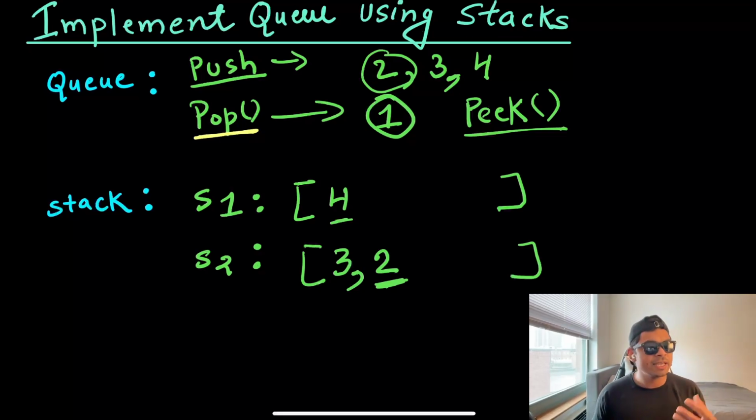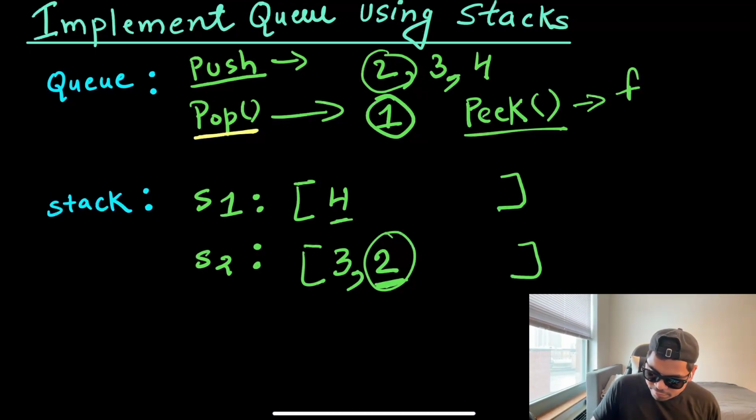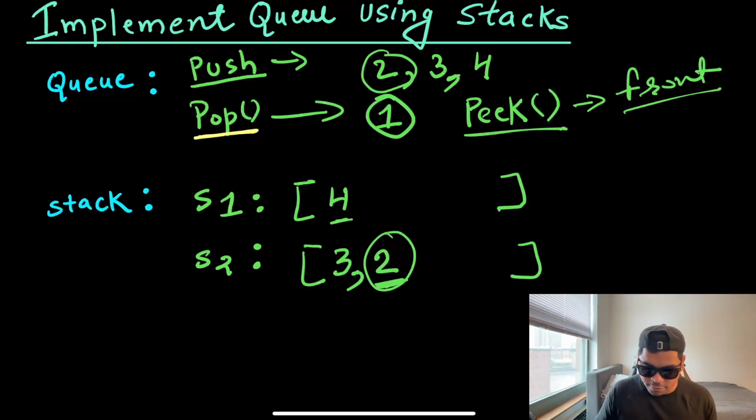Because we only have access to the topmost element in S2, this is 2. So this is what I will be returning. Not popping, returning. I'm not popping it out, because peek just returns the front of the queue, it doesn't pop it.